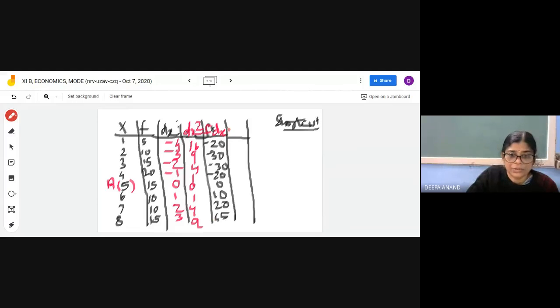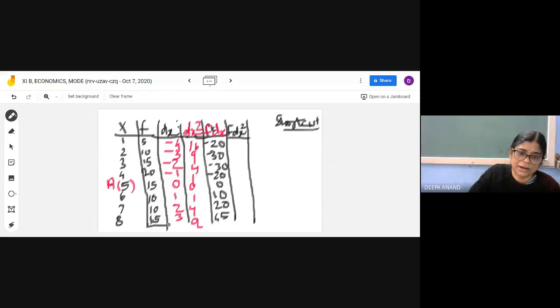Now the next column should be f into dx square. You have to know f dx and f dx square both, because you just remember the formula. The formula for standard deviation is root of sigma f dx square by n minus sigma f dx by n the whole square. So you need both these things. You just have to sum the f dx column and the f dx square column, and of course n.